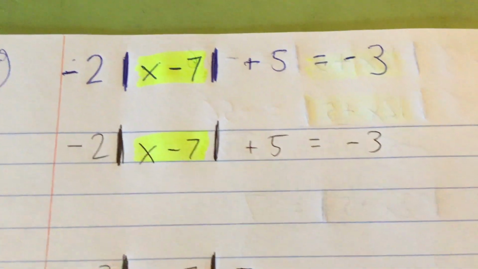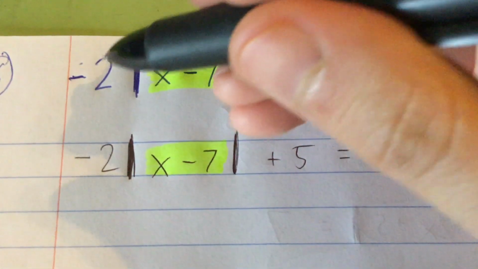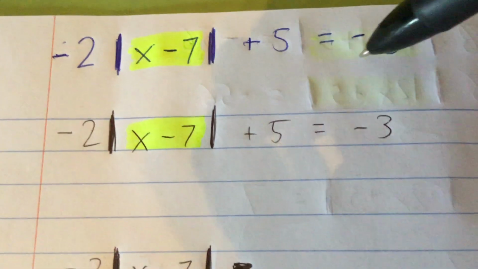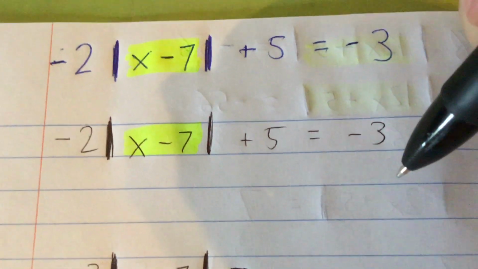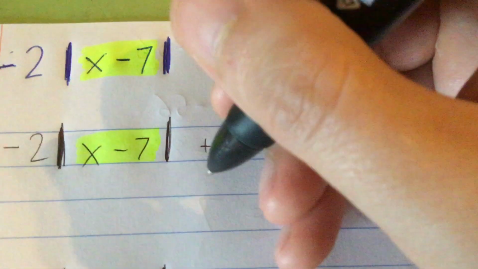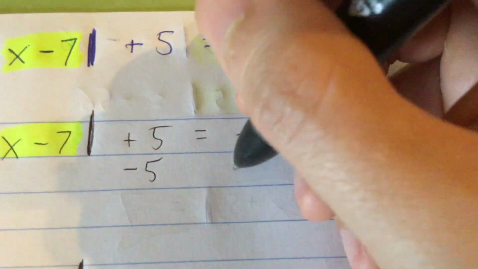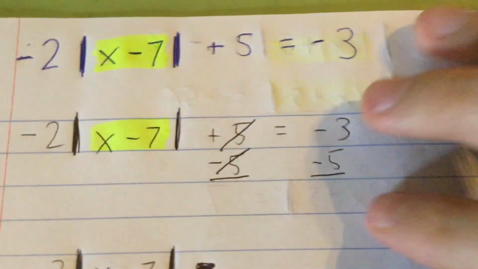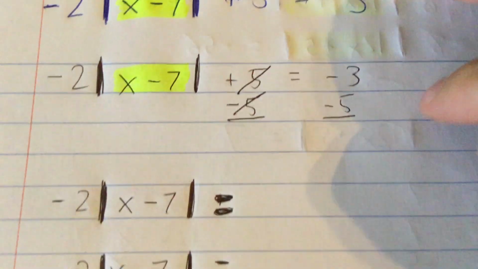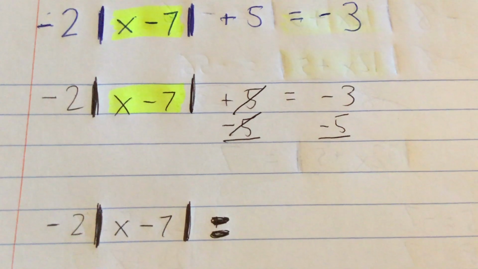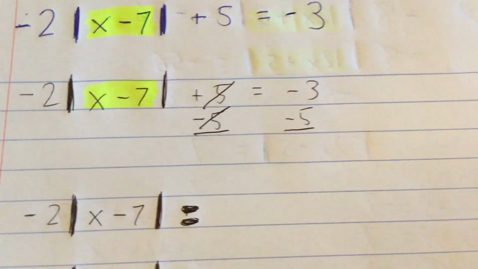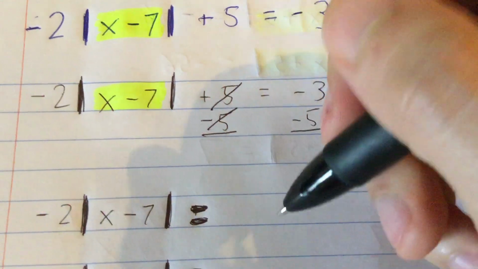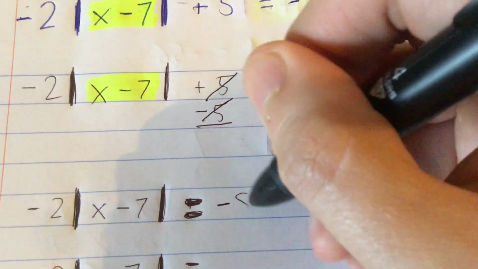So remember, I need to solve the problem -2 yellow plus 5 is equal to -3, where I need to solve for yellow. So I'm going to subtract the outer layer, 5, on both sides. That knocks it out, leaving me with -2 times the absolute value of x minus 7, and -3 minus 5 is -8.